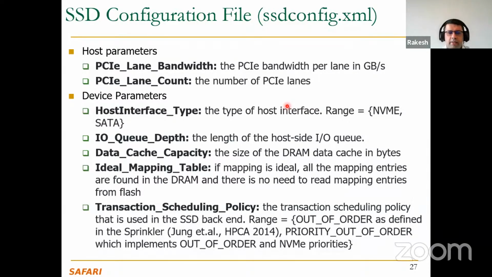And we have the transaction scheduling policy, which is the policy used in the transaction scheduling unit. Here we have an out of order policy as defined in the Sprinkler paper, HPCA 2014. Or we also have the priority out of order policy, which implements out of order with the NVMe priorities, as we discussed earlier.